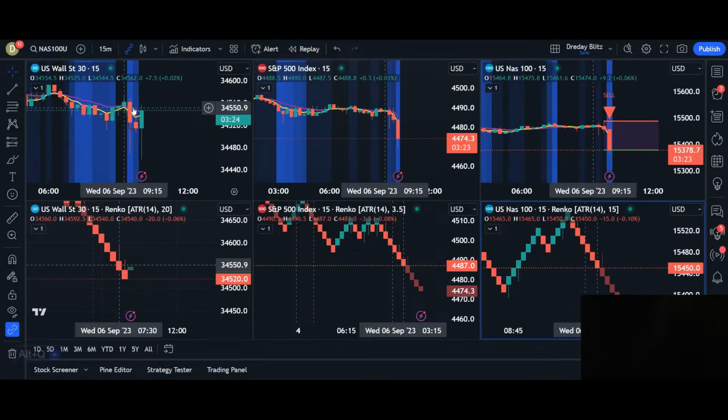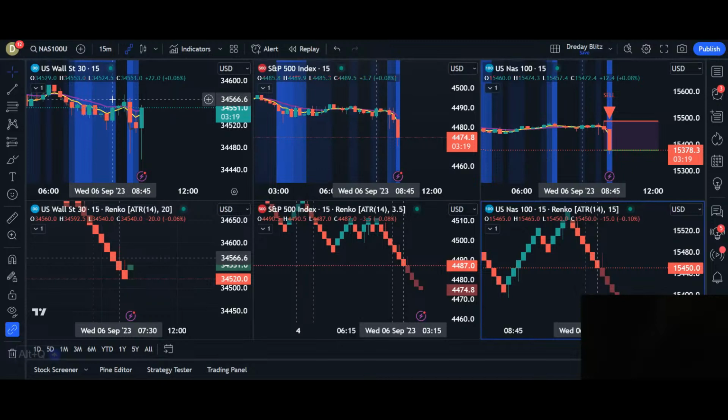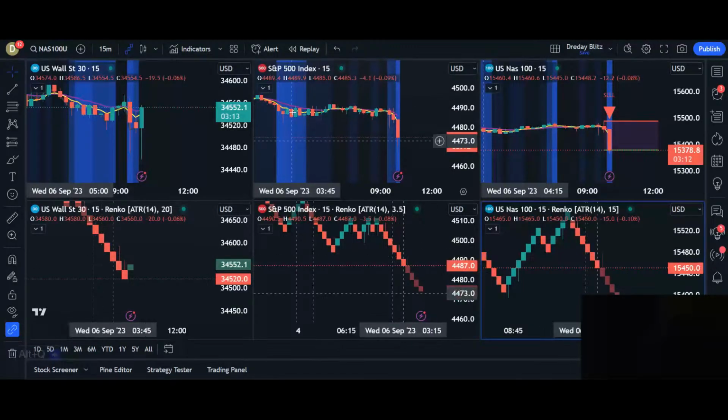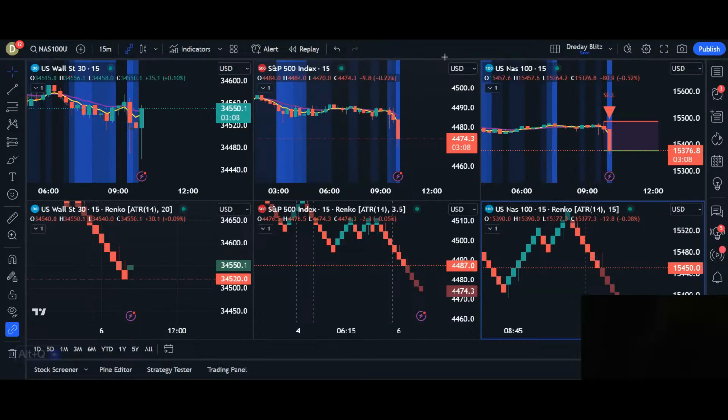So we had the signal on S&P 500 and US30 around the top of the market open around 9:30 ish on the downside, and right now we have a sell signal on the Nasdaq currently. So it's 10:12 Eastern Standard Time right now. We'll wait for the next candle in about 3 minutes to see where the market will go.